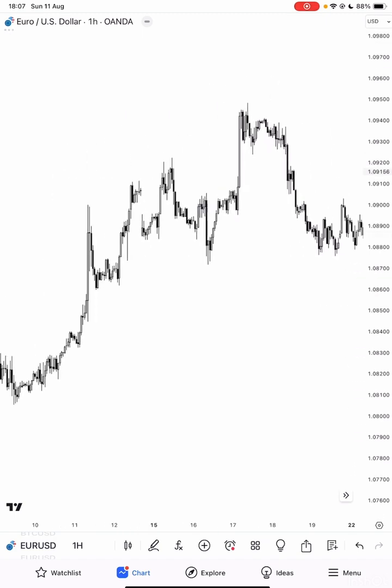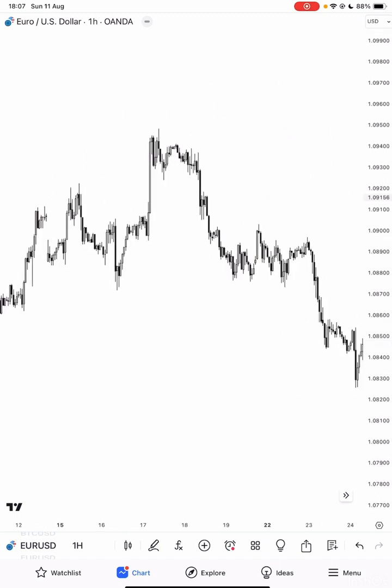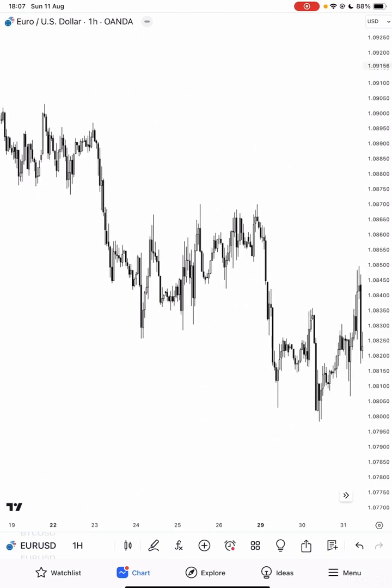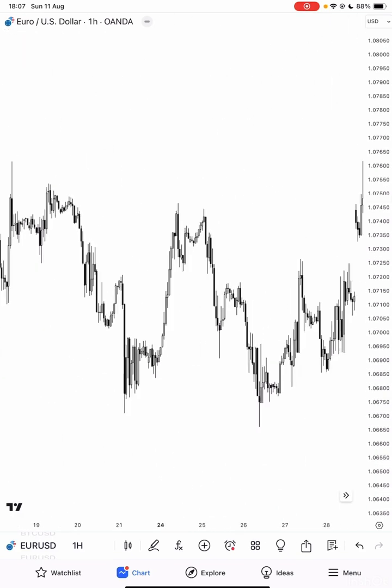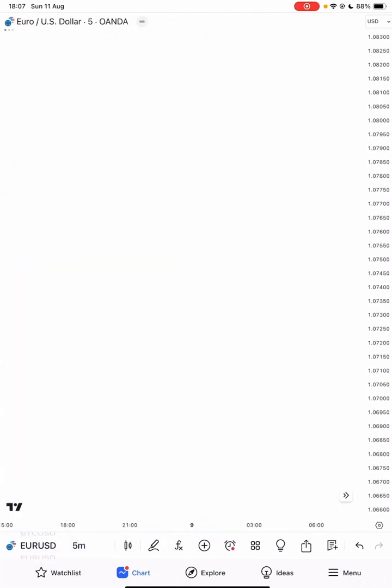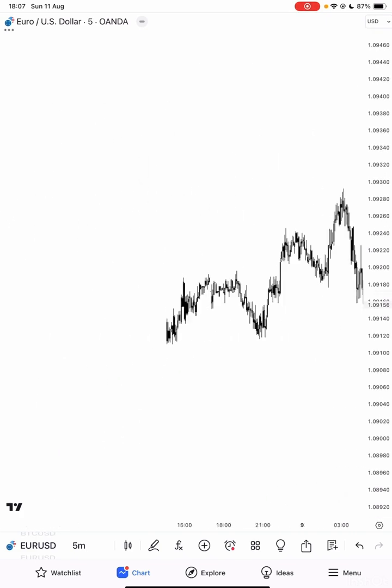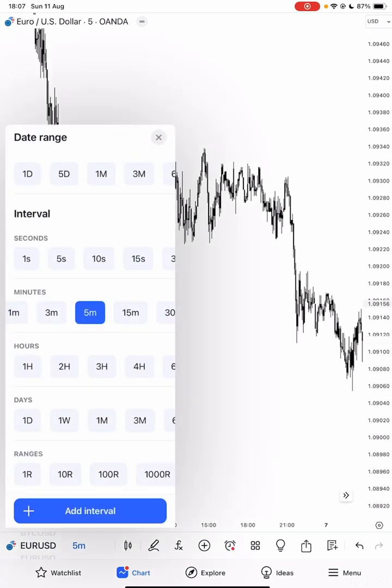So in this case, let's keep this as an example. Not the trade I'm currently in, but something new on the lower time frame. So I'll go like 5 minutes.